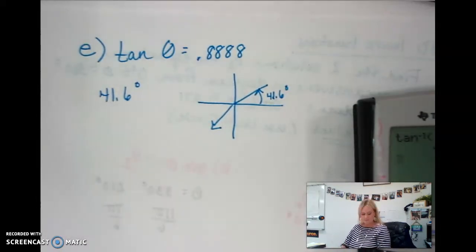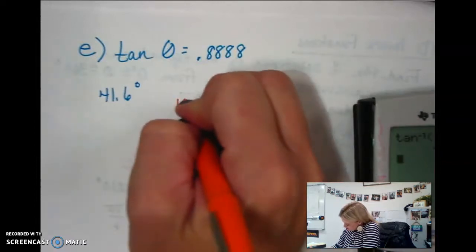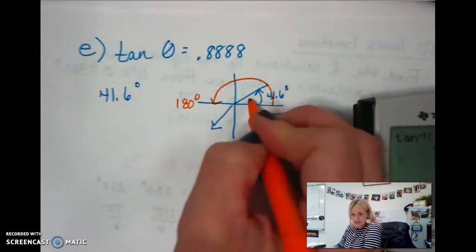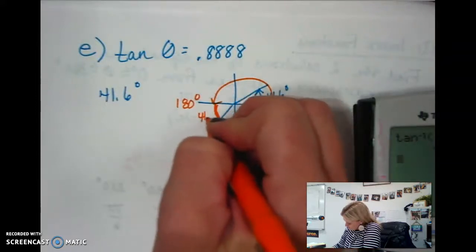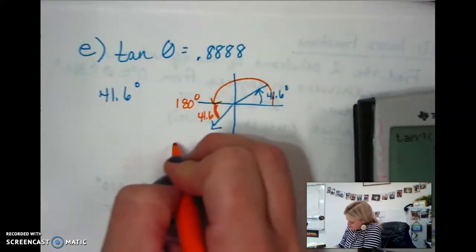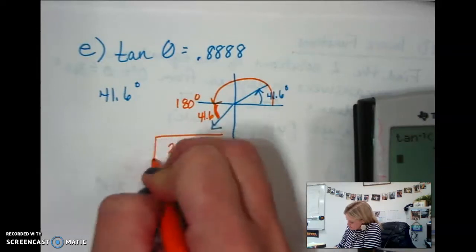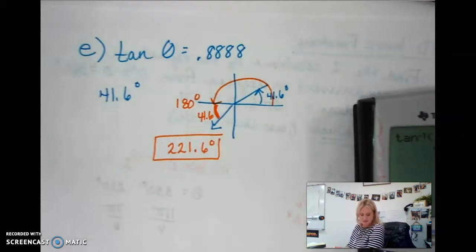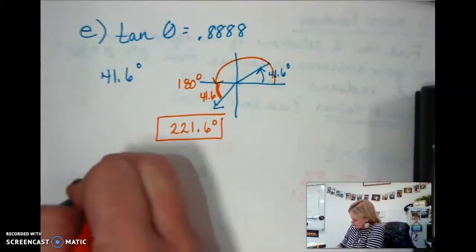Well, we are going to take 180 degrees, and this angle right here is the same angle down here, 41.6. So when I add the two of them together, I have 221.6 degrees. Okay?